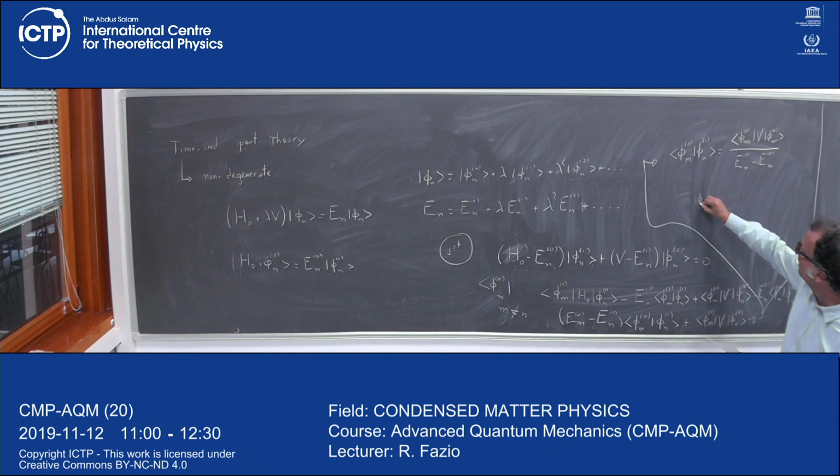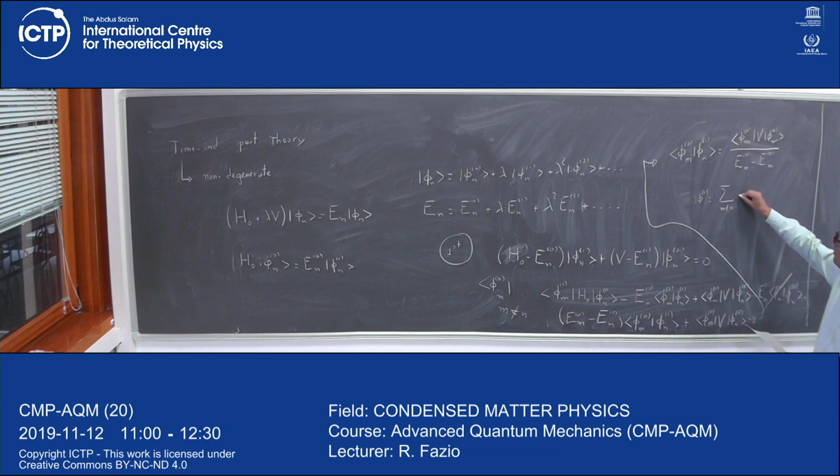So I can write phi 1 as a sum over m different from n of this component times phi0 of m.